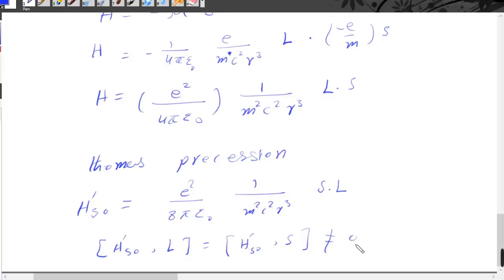Then the spin and the orbital angular momentum are not conserved. But the spin-orbit Hamiltonian commutes with L² and S². They commute too.